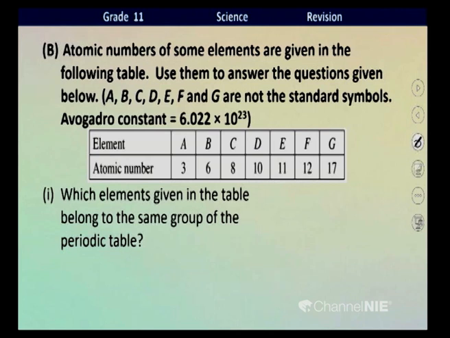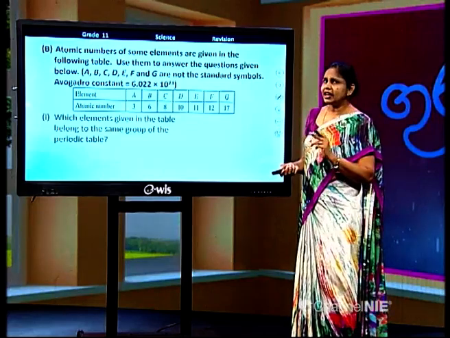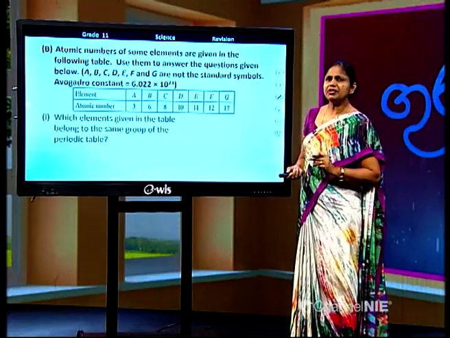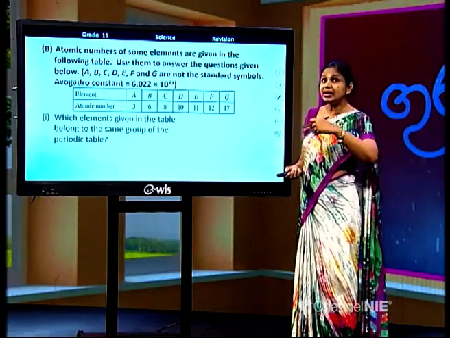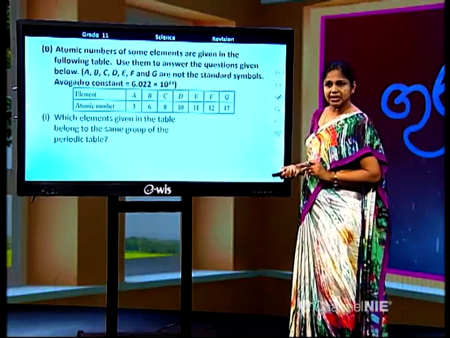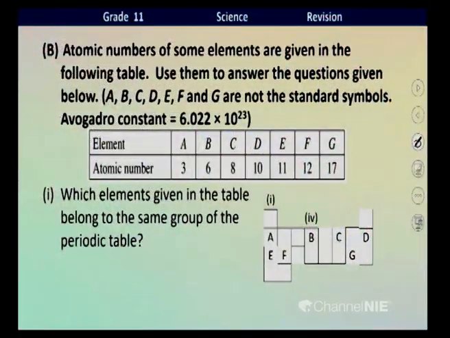Before answering this type of questions, children, you have to draw the periodic table quickly and insert the given elements into the relevant positions of the periodic table. See, here I have put the given elements with the atomic numbers into the periodic table. You also can try this quickly, right? You also can draw the rough periodic table and just insert the given elements. Okay. This is how the elements are inserted into the periodic table.